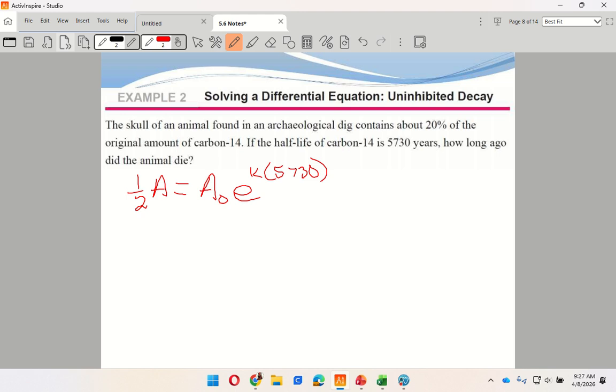All right, divide both sides by A sub naught, so I should get 1/2, right? Then I take ln of both sides, but here, I'm not going to skip a step. Ln of, let's see.